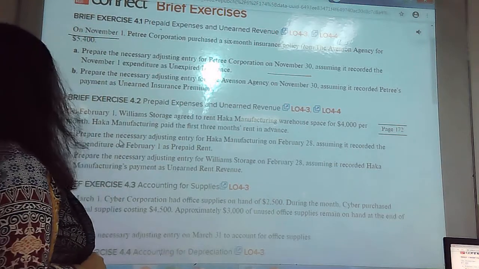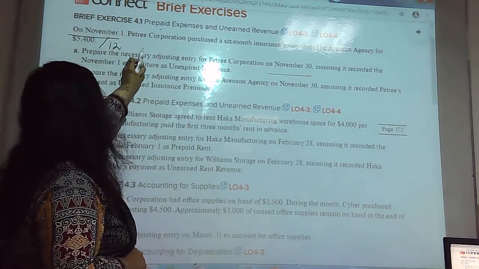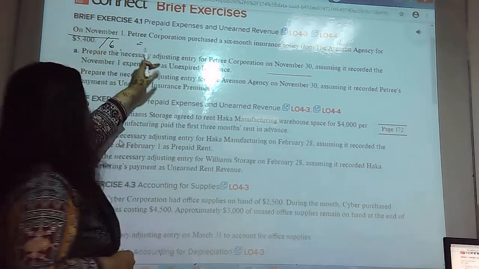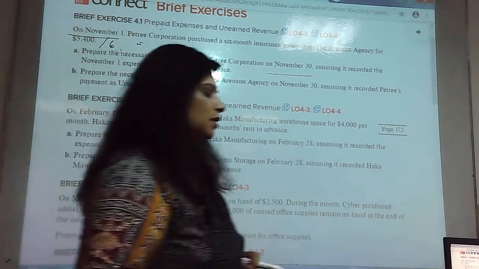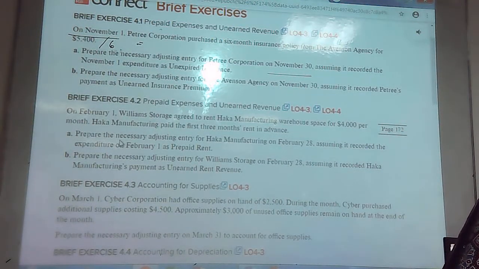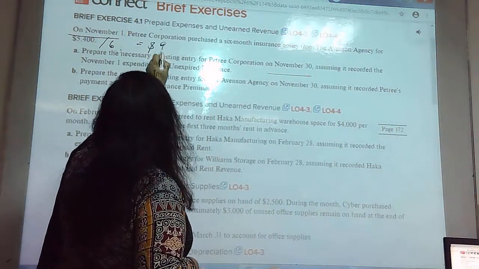Now that means I have to divide this by 12. Divide it by 6 to find out the monthly rate. Let's just calculate the monthly rate. And that is 5,400 by 6, which comes to about $900. Okay, this is $900.